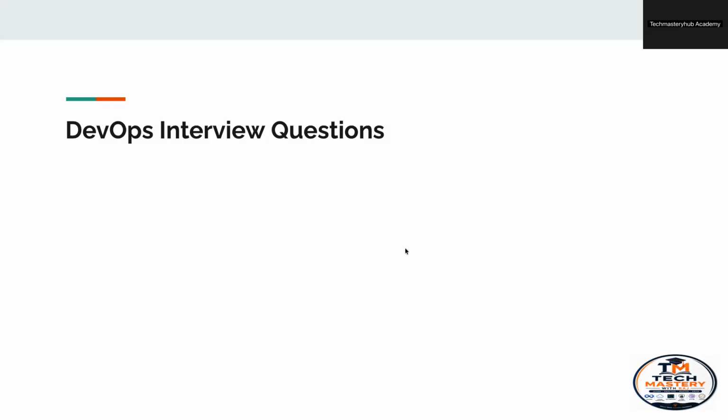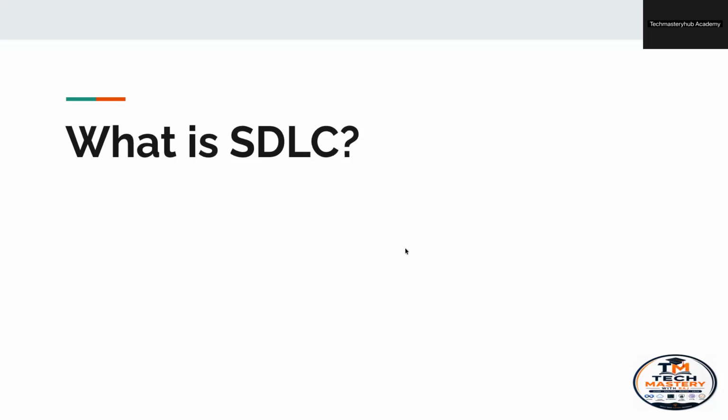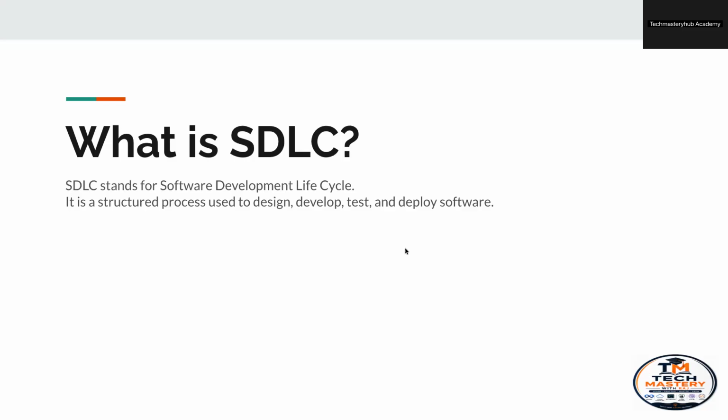Okay. So the first question is, what is SDLC? SDLC stands for Software Development Lifecycle. It is a structured process used to design, develop, test, and deploy software. This process ensures quality of the software, proper planning, cost control, and timely delivery.